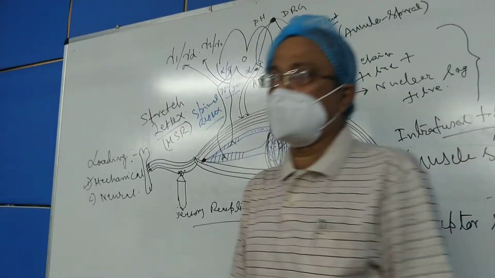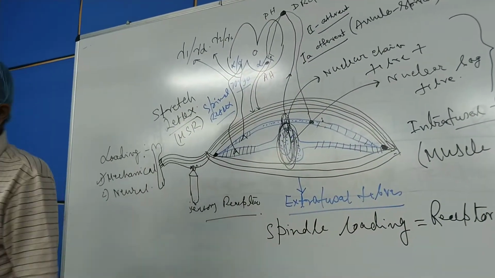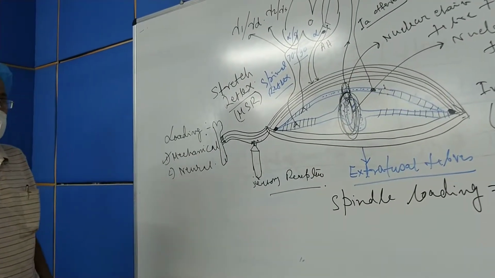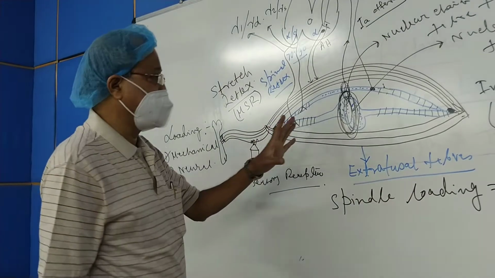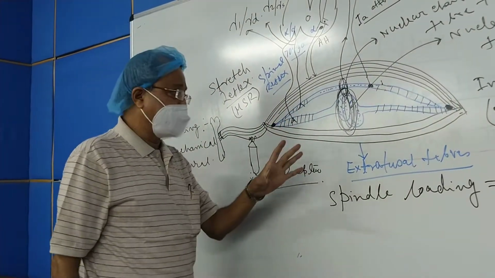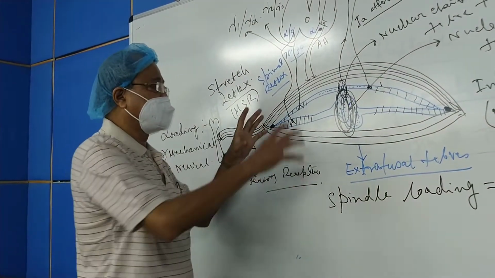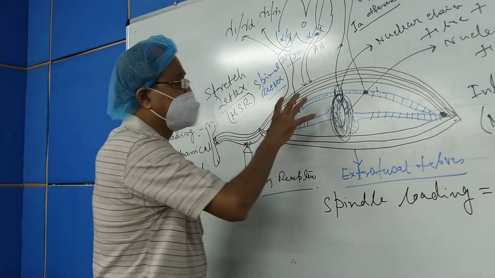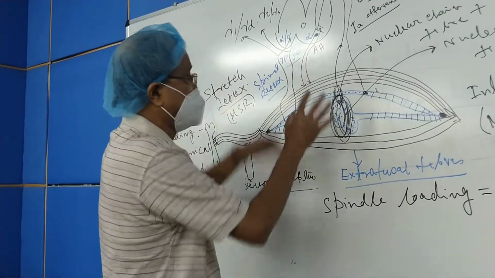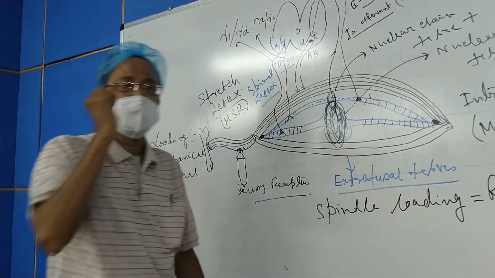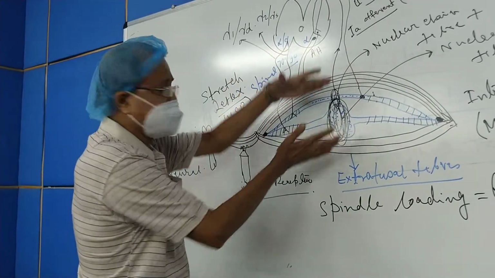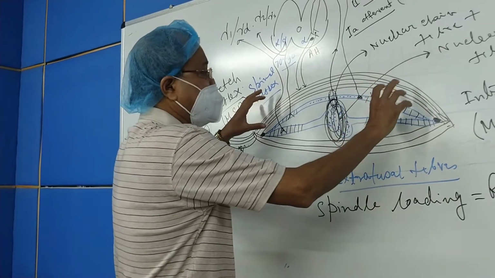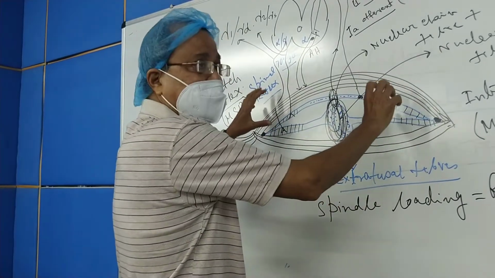Right? Mechanical stimulation. You are striking the tendon by a percussion hammer. So there will be stimulation of the extrafusal muscle fibers, leading to stretching of the intrafusal muscle fibers, and this stretching is maximally present at the central equatorial region, because the elastic fibers, as I told you, are present in the central region, but the muscular fibers are present at its periphery, where the compliance is low.